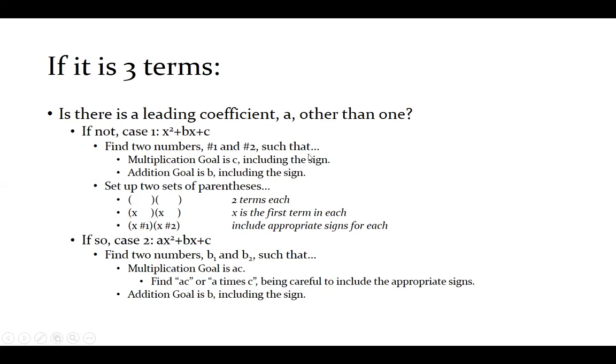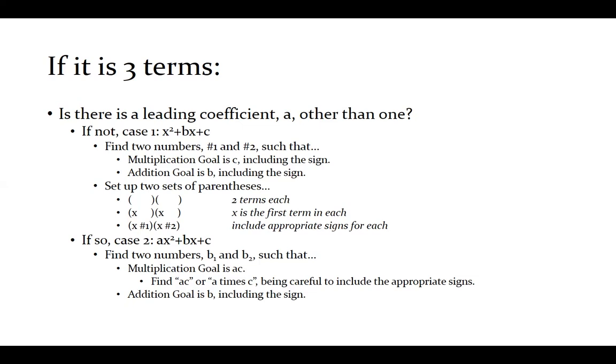And then whatever those two numbers we found were, we put inside the parentheses with the x, plus or minus depending on whether or not the number is positive or negative. So we include the appropriate signs for each of the numbers. That's the easy form. A lot of people don't have problems with that.